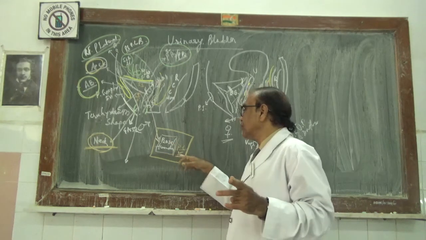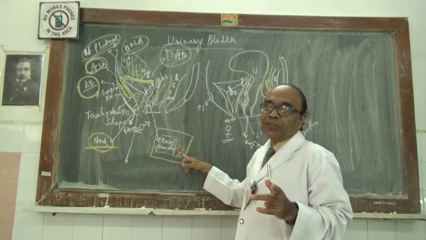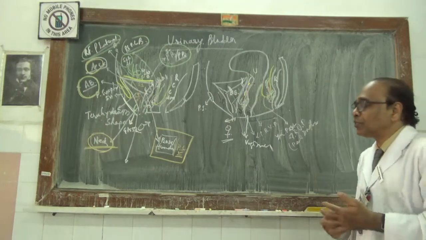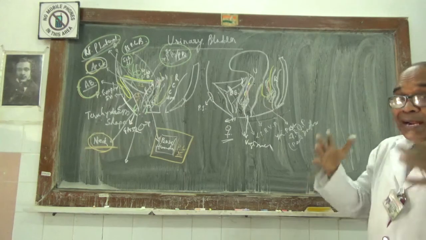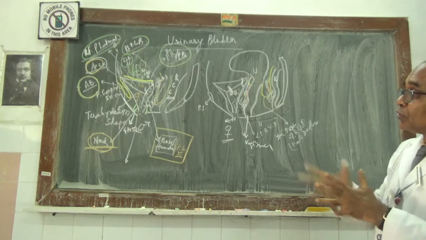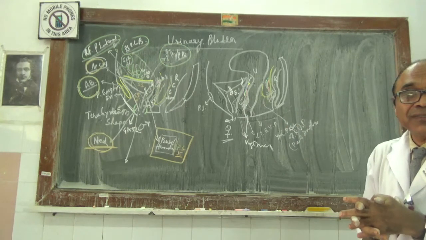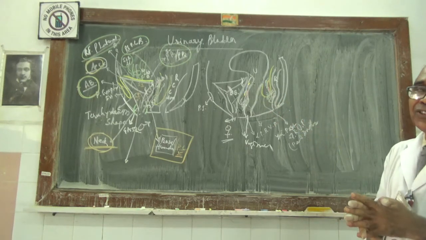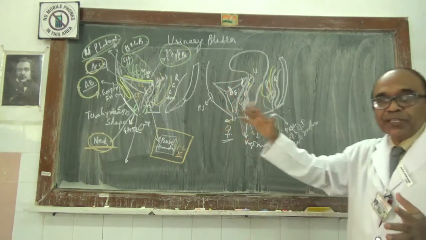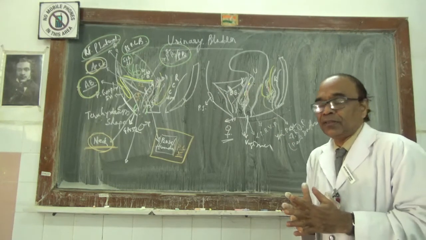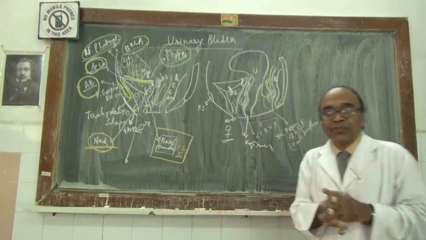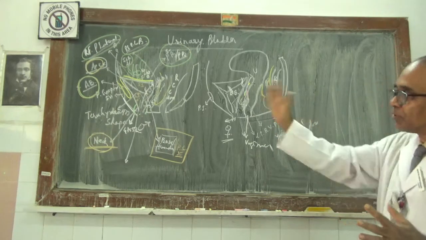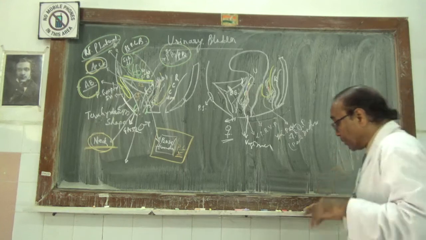So if you want to mention the posterior surface, you have to call the posterior surface the base or the fundus. I have already talked about the visceral relations in male and in female, especially of the base or the fundus or the posterior surface. You have got a little change, otherwise the rest everything remains the same.